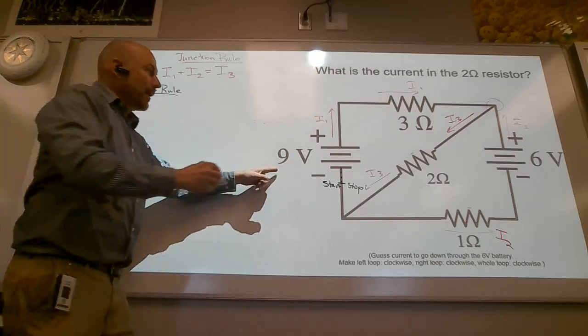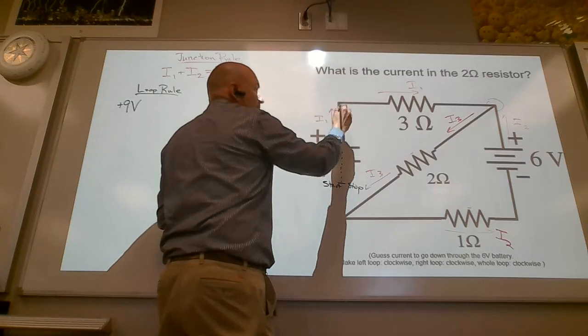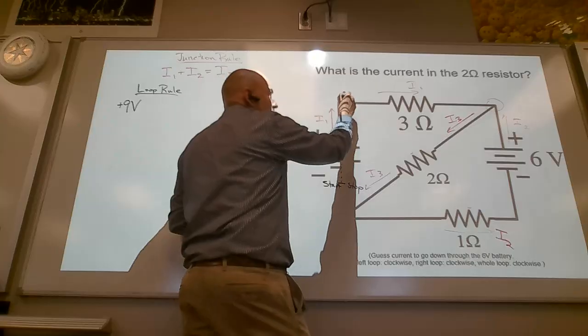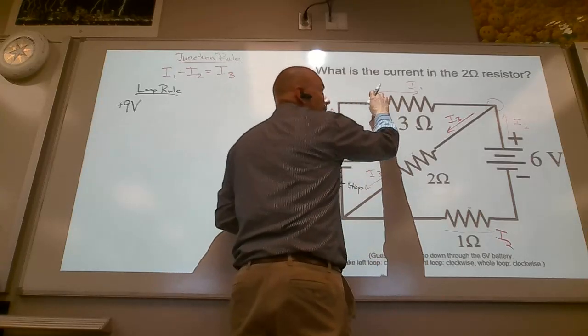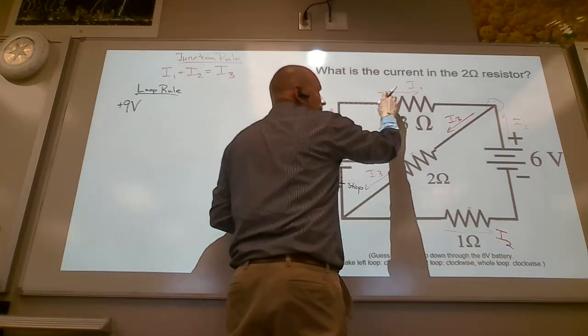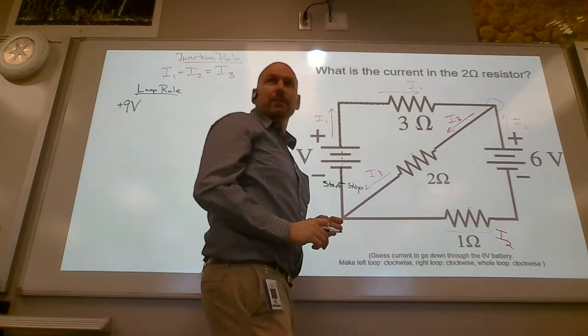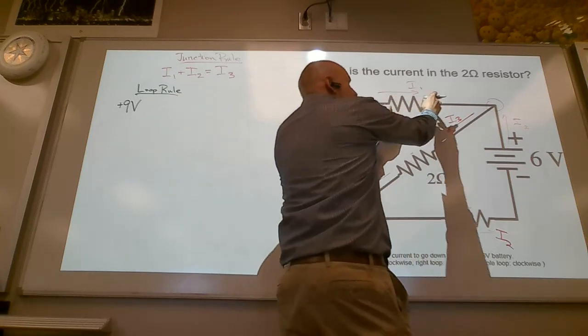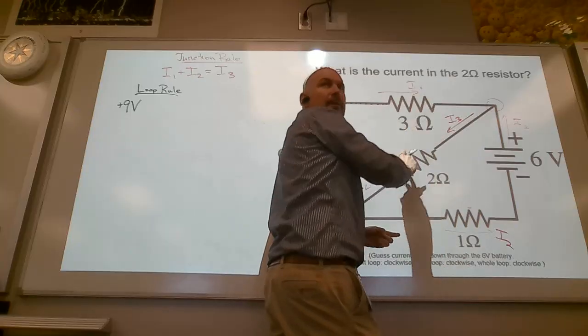Okay. I am traversing across this. So I'm assuming there's no voltage drop across the wires. And then when I hit across here, the path that I'm evaluating is going in the same direction as current. So there's going to be a voltage drop here. This was a ladder. This is going to be a slide.